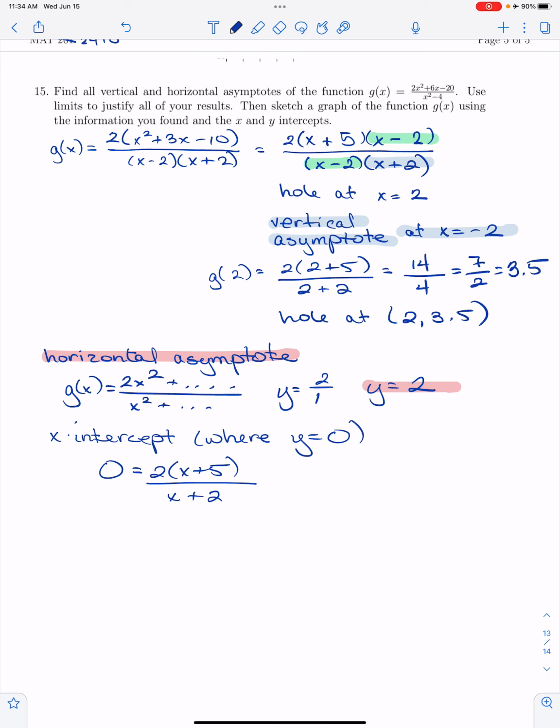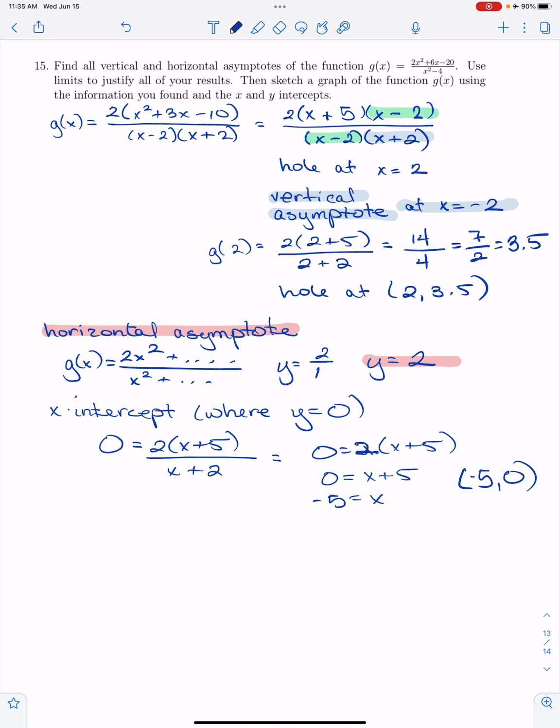Now, in order for something to equal 0, it doesn't matter what the denominator is at all. So when y is 0, x is negative 5.